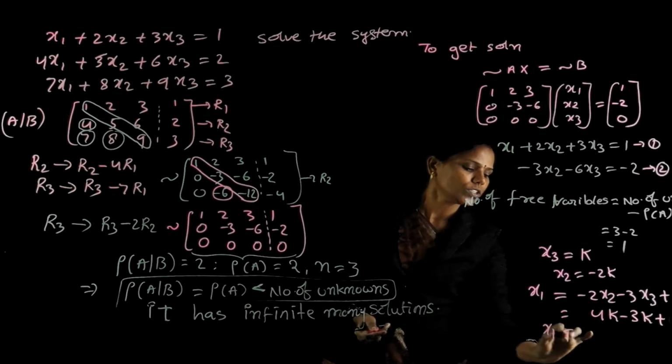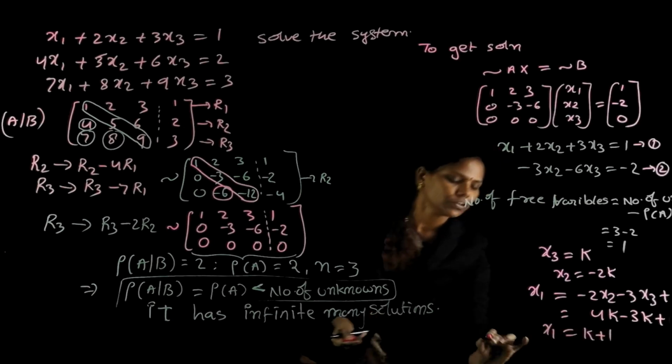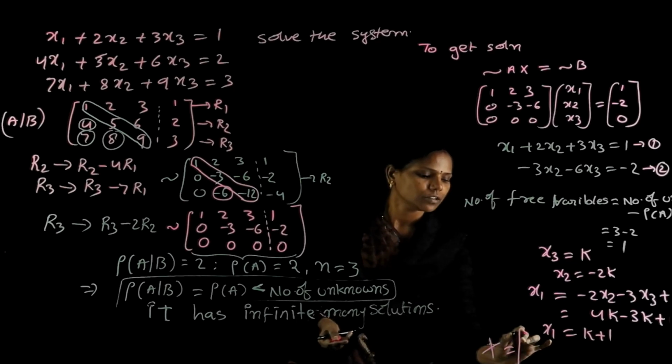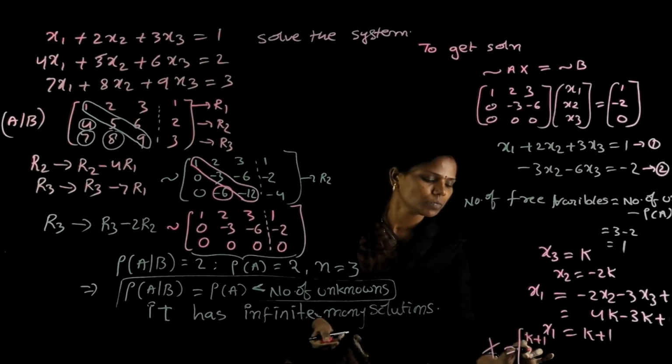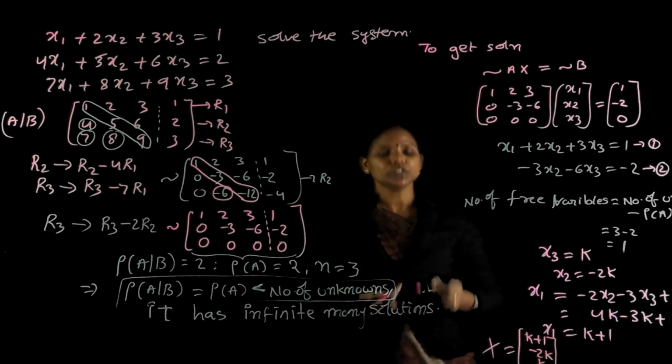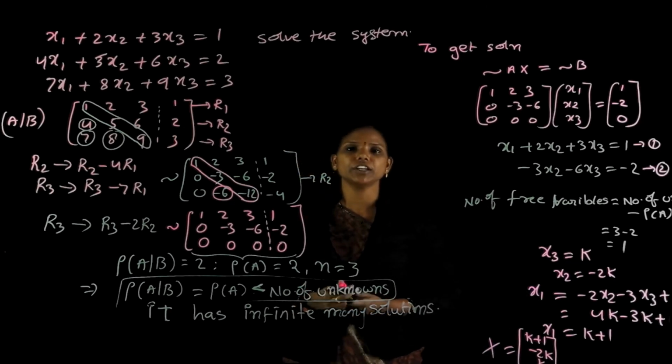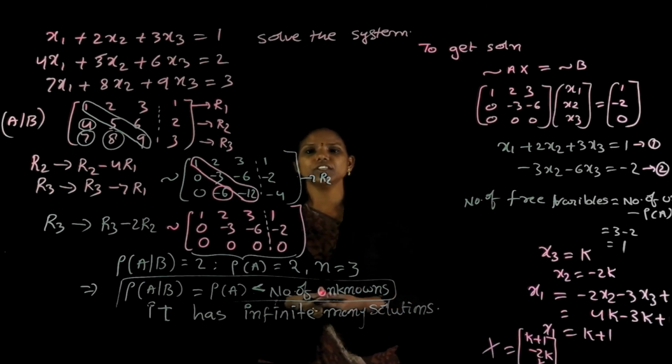So x1 equals k plus 1. Now our infinitely many solutions are: x1 is k plus 1, x2 is minus 2k, x3 is k. This is the solution for the system. So this is about solutions of a system of linear equations. Thank you for giving this opportunity.